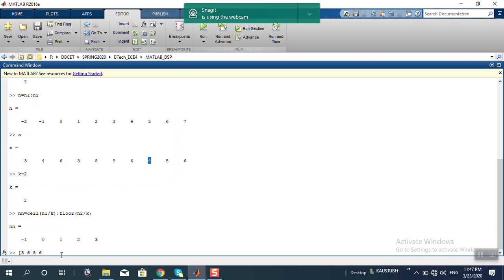Then this 4 will be rejected, then it will be 5. Then this 6 will be rejected, there is no more, so it is done. So you see, at -1 there will be 3, at 0 it will be 6, at 1 it will be 8, at 2 it will be 6, and at 3 it will be 5. So this is how we do compression.